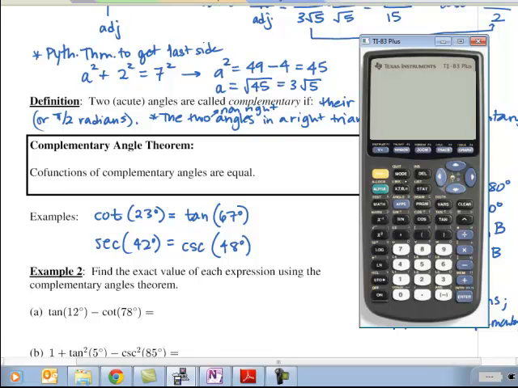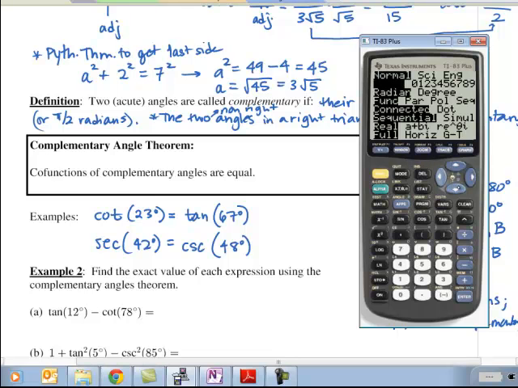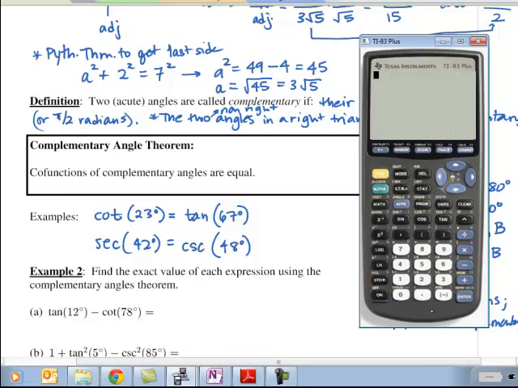So we want to be in degree mode. Actually, I'll just leave it in radian mode and put in the degrees manually. Tangent of 67 is the easy one to type. 67 degrees.